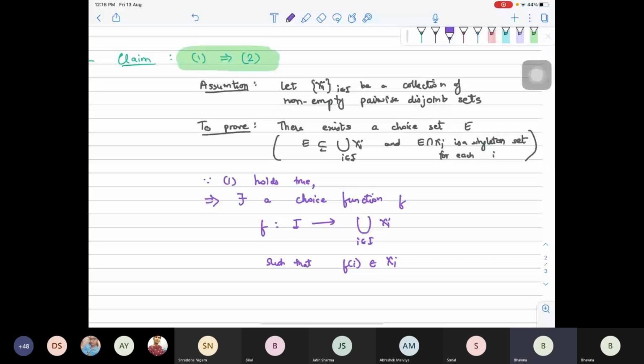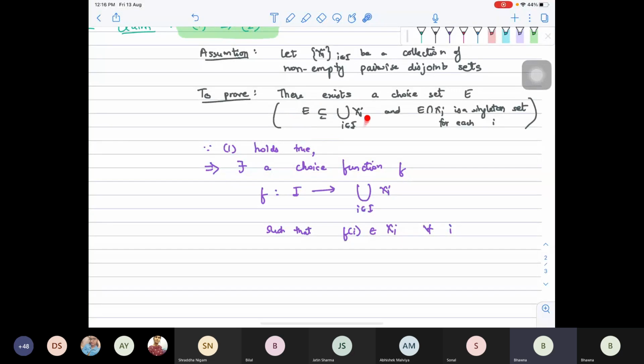So you see, we want a subset of the union of Xi. But the image of f is also a subset of the union of Xi.